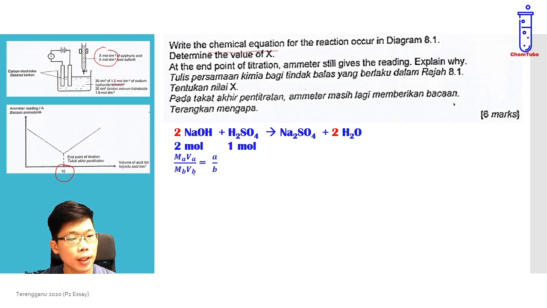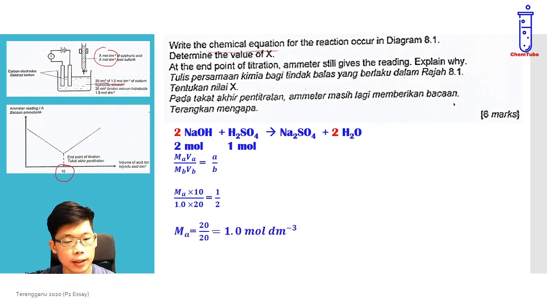VB is the volume of the alkali, sodium hydroxide. A for the mole of acid is 1. B for the mole of the alkali is 2. Then find the MA. MA is the X now. So it's 20 divided by 20, so it's 1 mole per cubic decimeter. This is the answer.